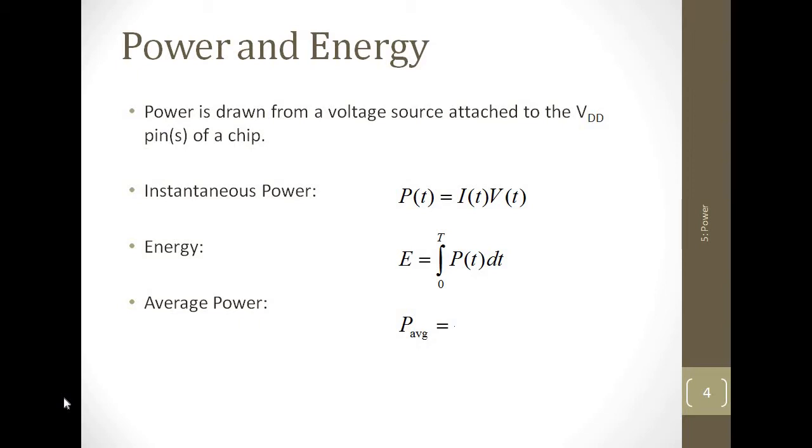Once you calculate the instantaneous power P, then you can calculate the energy. But what is average power? Average power is for a particular time duration. So it is E by t, or 1 upon t integral 0 to t of P into dt.